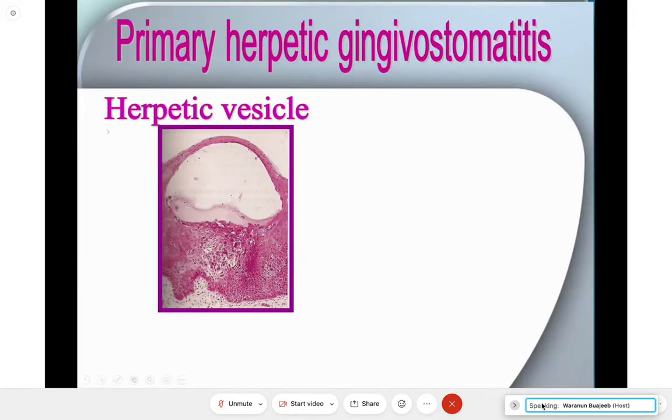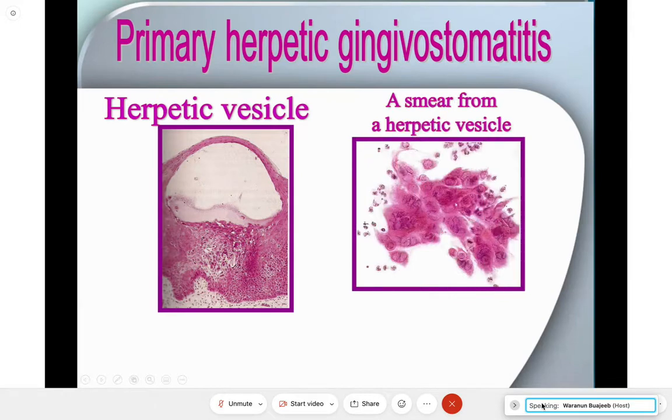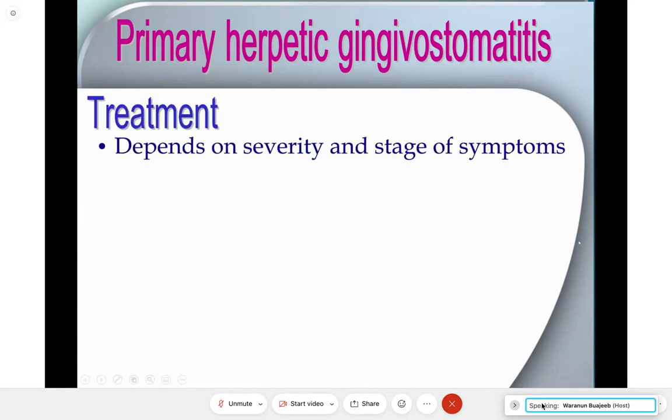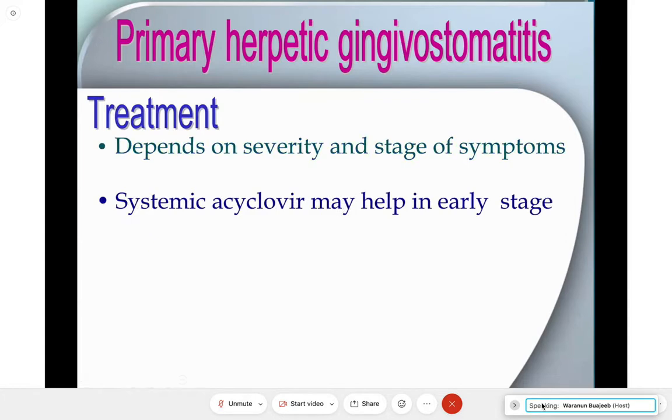And this is the type of herpetic vesicle. You can see the ulcer is quite shallow because it's an intraepithelial vesicle. And in the smear, you can see the multinucleated giant cell and ballooning degeneration of the nucleus. For the treatment, it depends on severity and stage of the symptom.